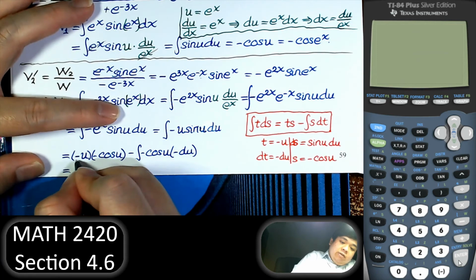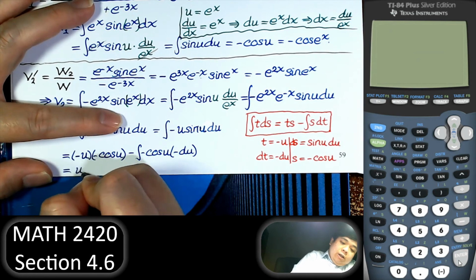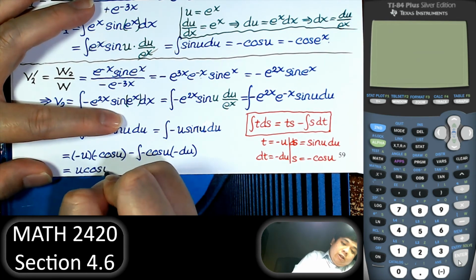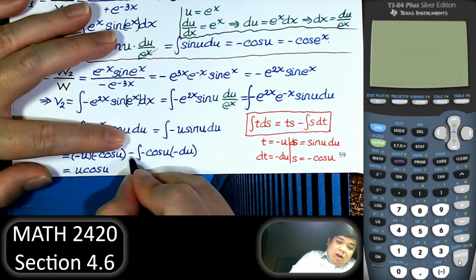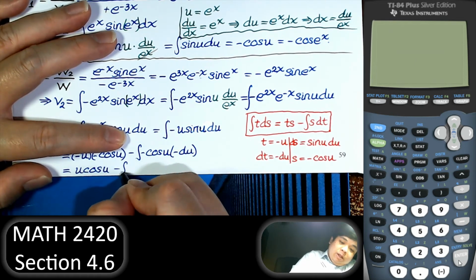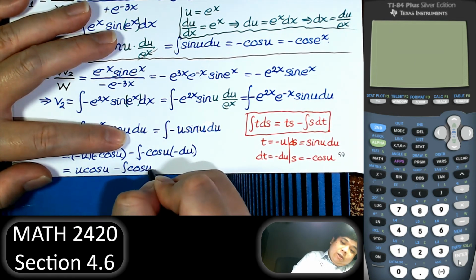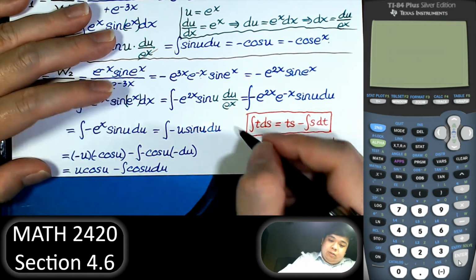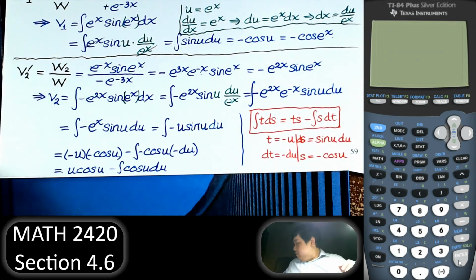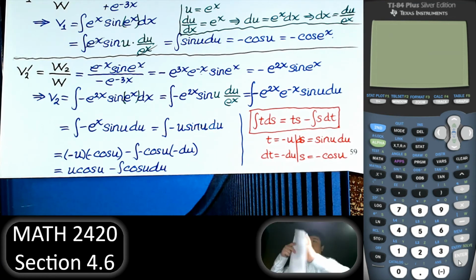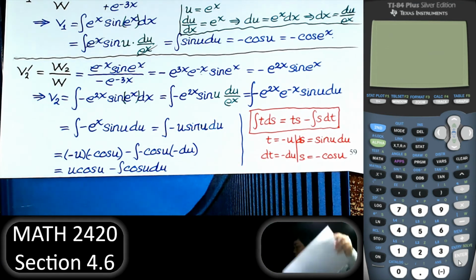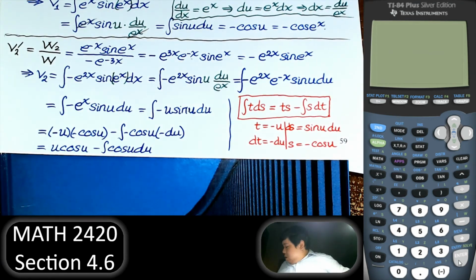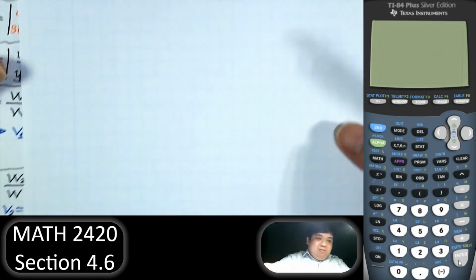So this gives us u cosine of u minus, oh, that's cosine of u du. Run out of space, but regardless, it's good practice.